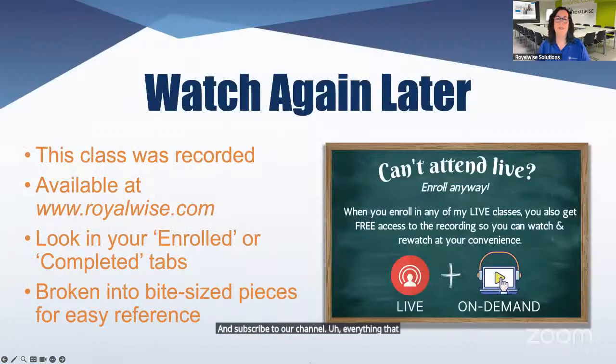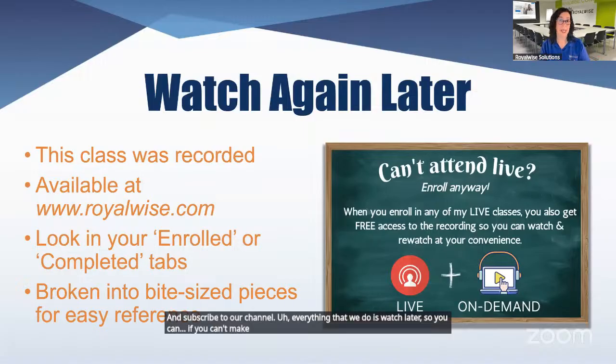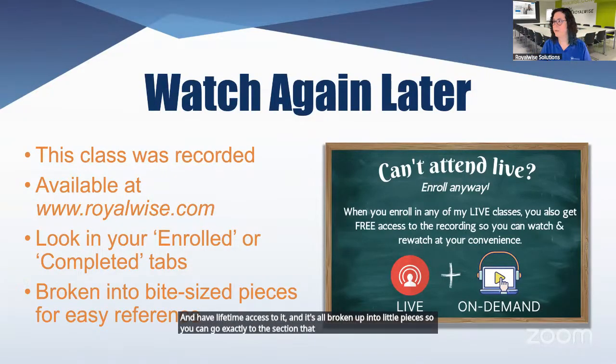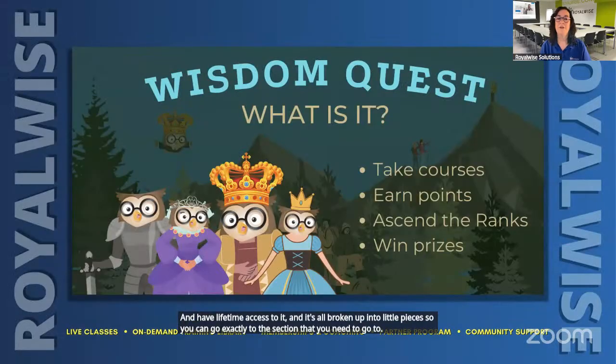Everything that we do is watch later. So if you can't make a class on the day that we're giving that class, sign up anyway. You're going to get the recording and have lifetime access to it. And it's all broken up into little pieces so you can go exactly to the section that you need. We also have a Wisdom Quest.